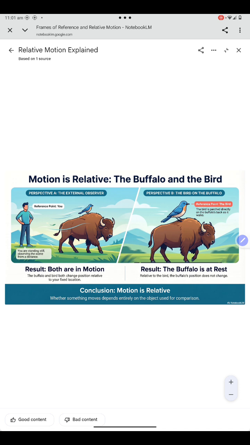Here the reference point was the man, so both the buffalo and the bird were moving with respect to the man. However, in the second case, when the bird is the observer or the reference point, the definition totally changes and it says that the bird is not in motion with respect to the buffalo. The bird is not changing its position with respect to the buffalo.